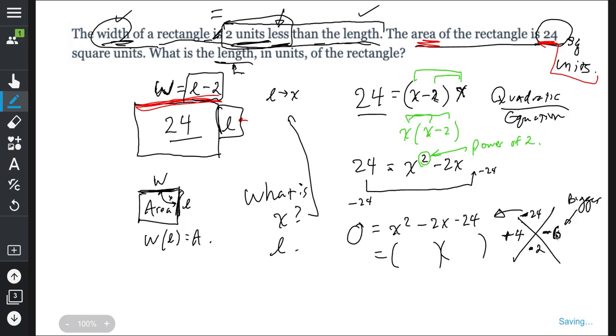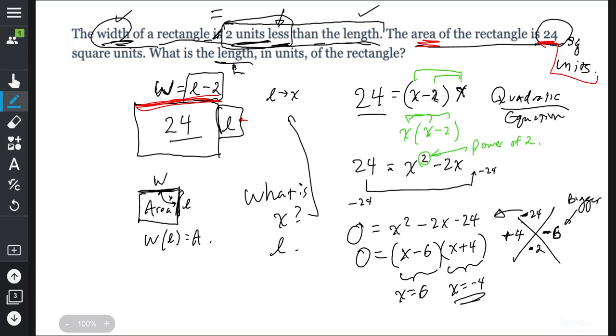Negative 6, positive 4. There's my negative 6. There's my positive 4. Equals 0. Well, here are my two solutions. For this one, if I want this to be 0, X has got to be 6. If I want this to be 0, X has got to be negative 4.